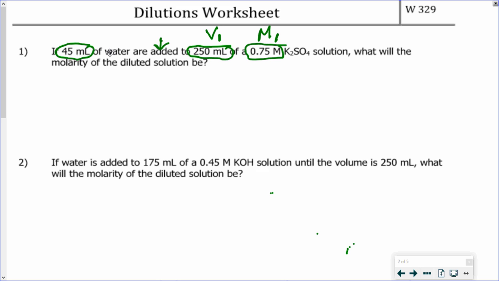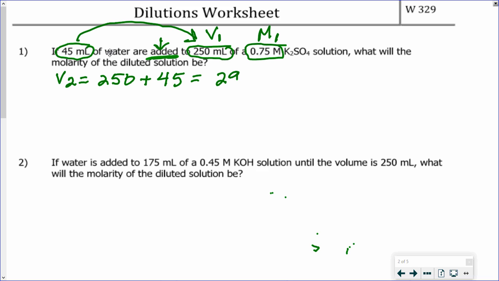Now, because of the term added, that means I'm putting 45 into the 250. So you're actually going to have to calculate your final volume, which is V2. I started with the 250, and I added the 45. So my V2 is going to equal 295 milliliters.